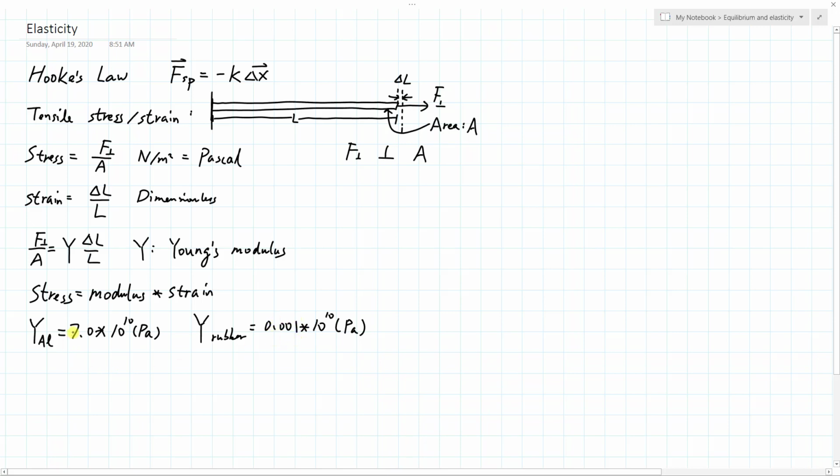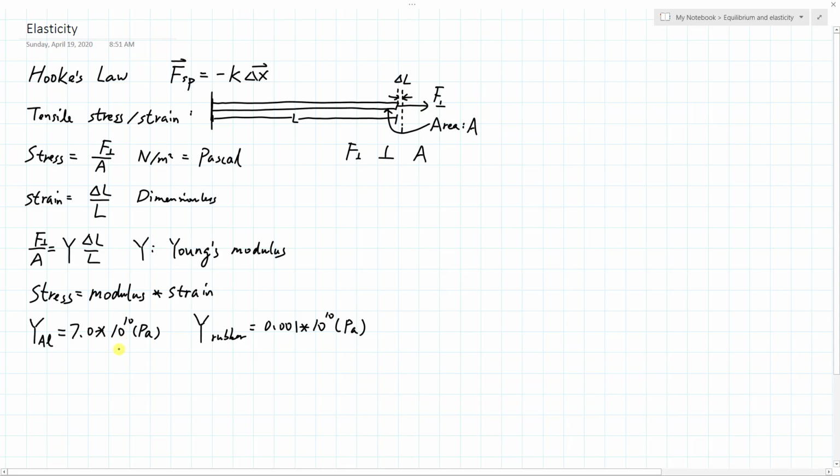So 7 thousand times more stretchable. And that's why we usually don't see aluminum stretch at all. But we do see rubber stretch, right? It exhibits some delta L. It just does it very slightly.